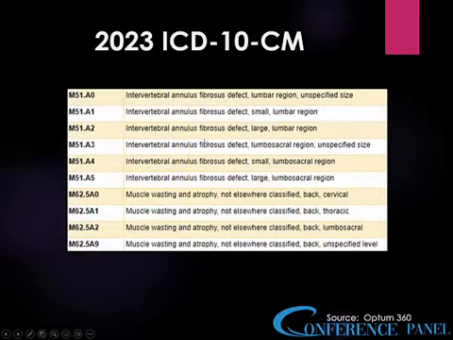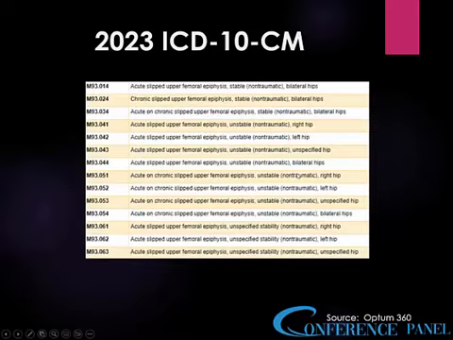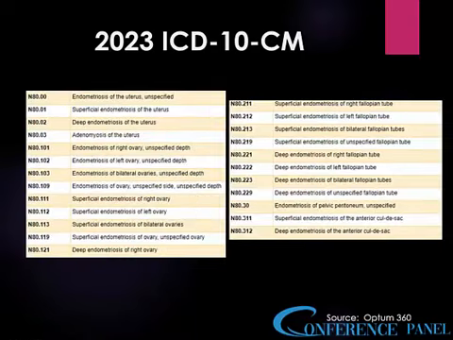We have new codes for intervertebral annulus fibrosis defect. We also have a lot of new codes for epiphysis. We also have pretty significant expansion to endometriosis. So we've got 168 new endometriosis codes.